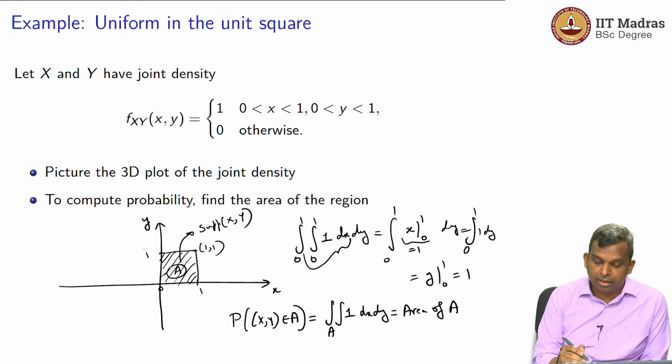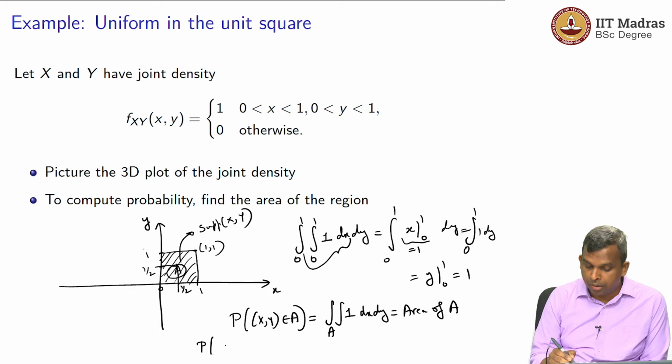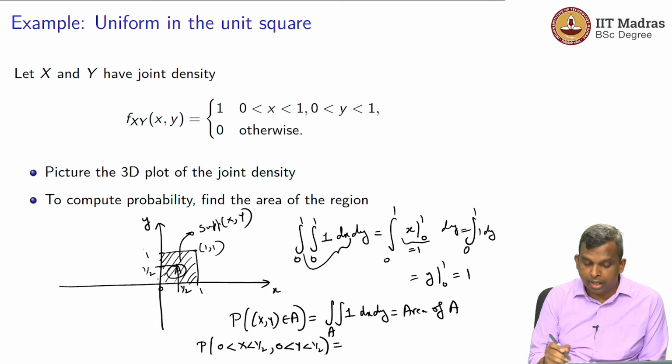So for instance, if A is, you do half here and then half here, supposing that is your A. So probability that 0 less than x less than half and 0 less than y less than half, this is the area of the smaller square, and that's just half into half, it's 1 by 4.